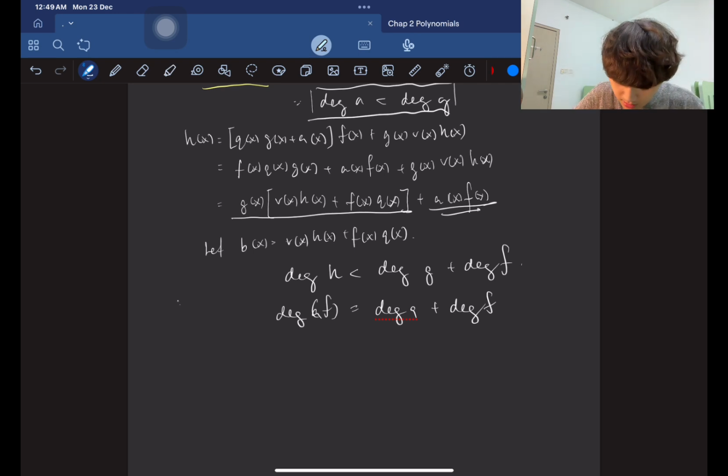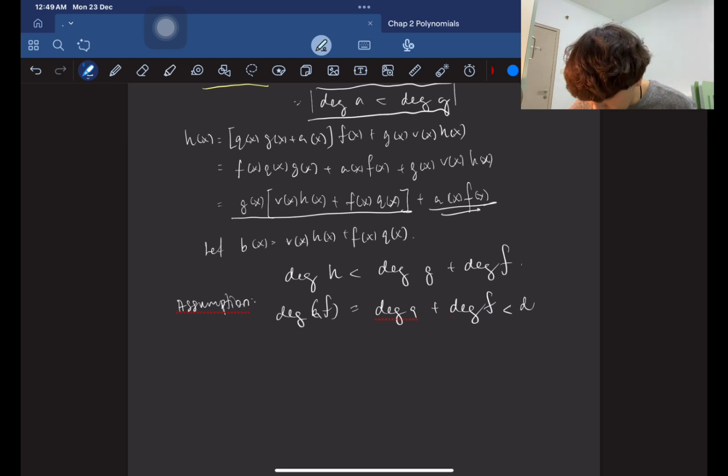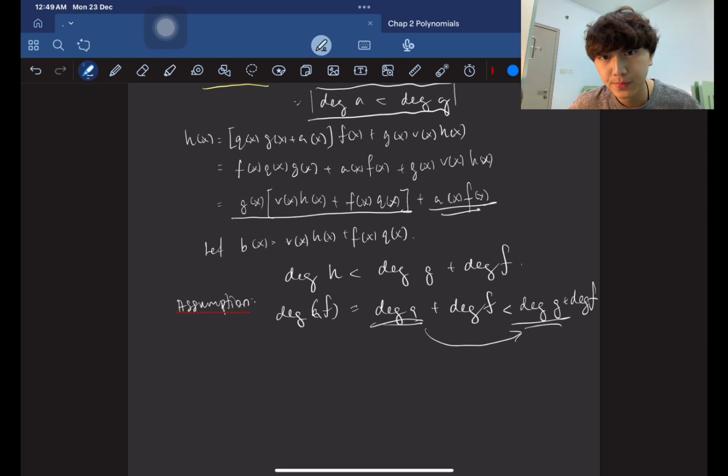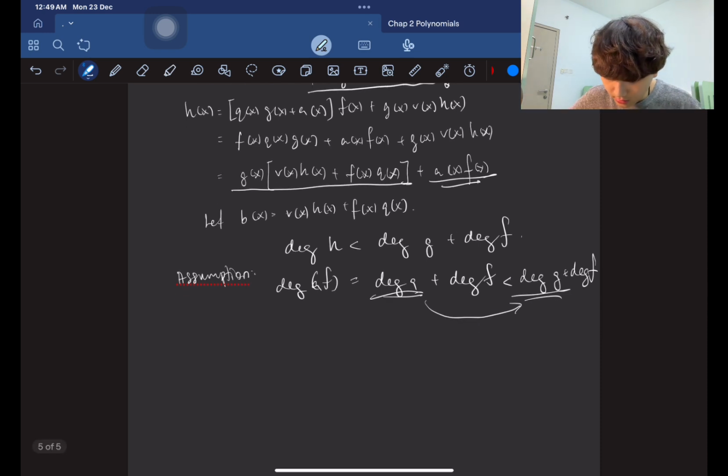This is an assumption in some cases. Why? Because degree a is smaller than degree g. Let's continue. Because we have set this assumption, degree af actually is degree bg.